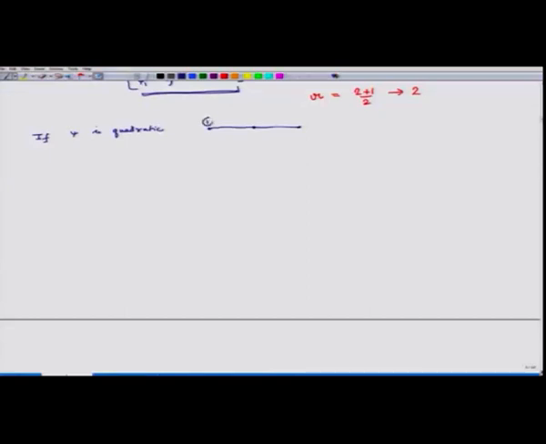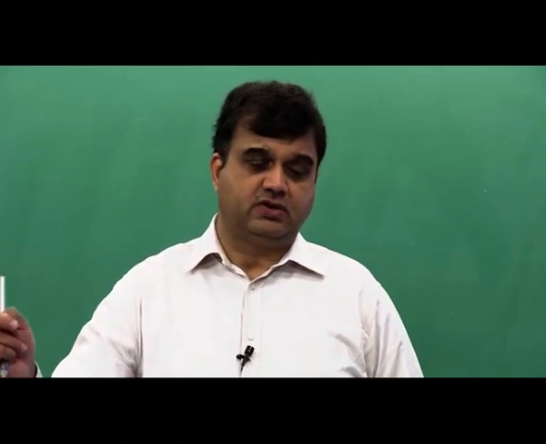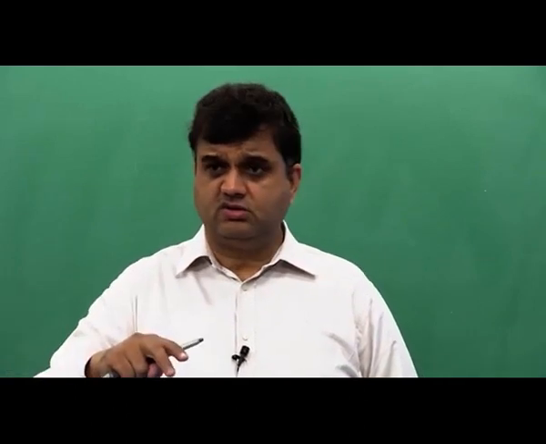In a quadratic element, this is node 1, node 2, node 3, right? Which means for each element, how many approximation functions will we have? We'll have 3 approximation functions. For a linear element, it has 2 nodes. There are 2 approximation functions, psi_1 and psi_2. The value of psi_1 is 1 at node 1 and 0 at node 2, and the value of psi_2 is 1 at node 2 and 0 at node 1.